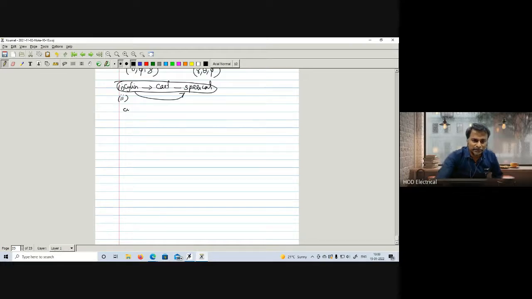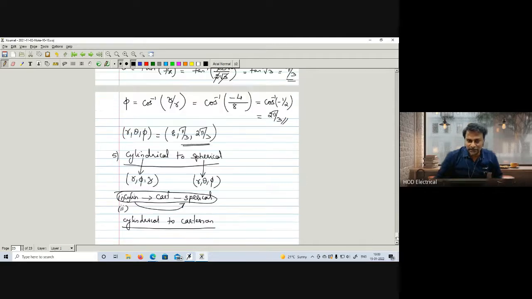Let me first convert cylindrical to Cartesian. Let me take r, phi, z with the values 1, pi by 2, 1.